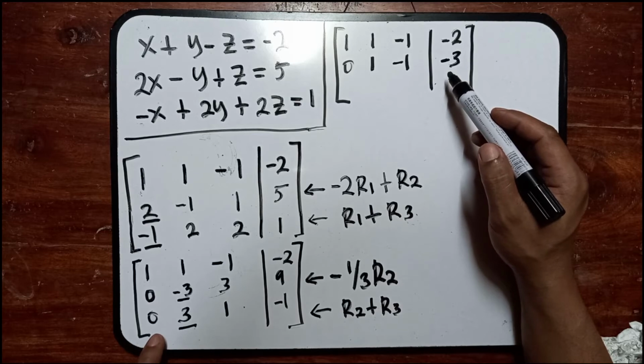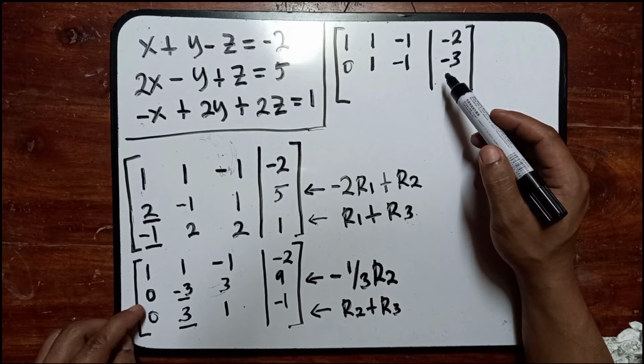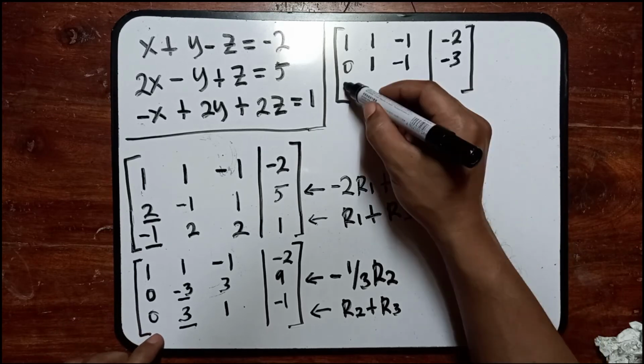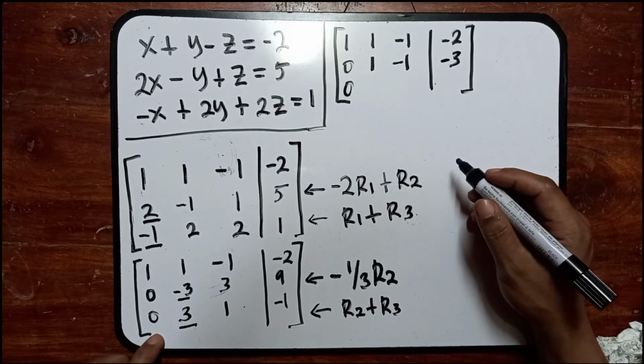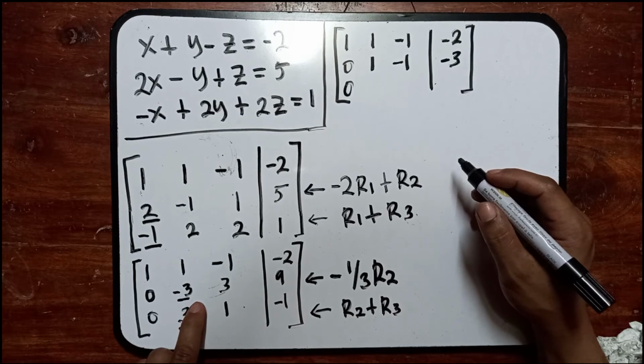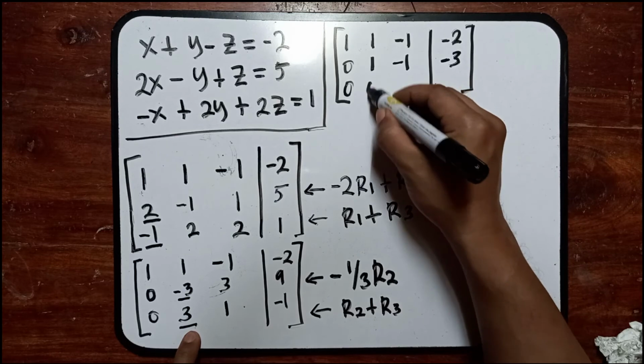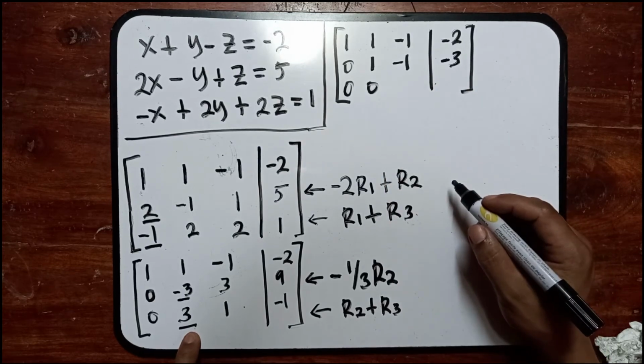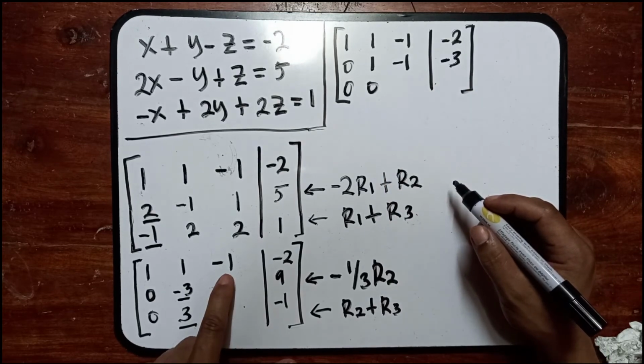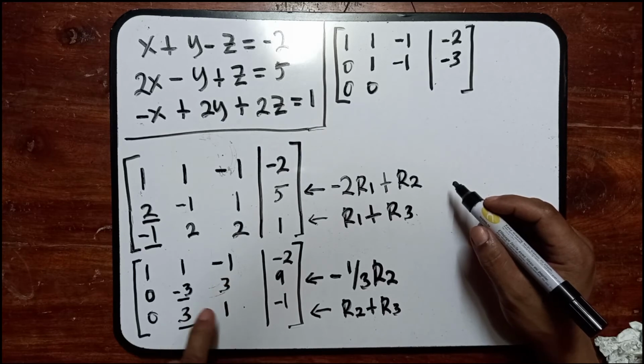And then for the last row, R2 is 0 plus R3 is 0. The result is still 0. Negative 3 plus positive 3, that is 0. And then negative 1, I'm sorry, we are right here.